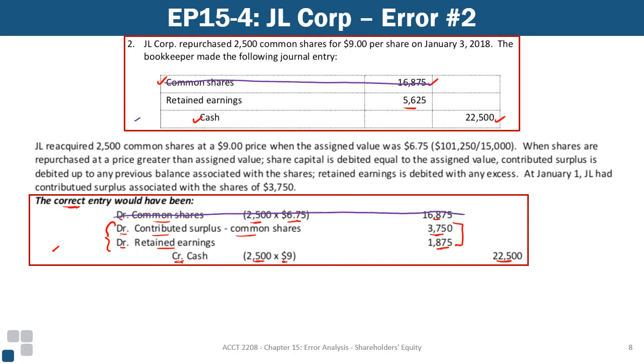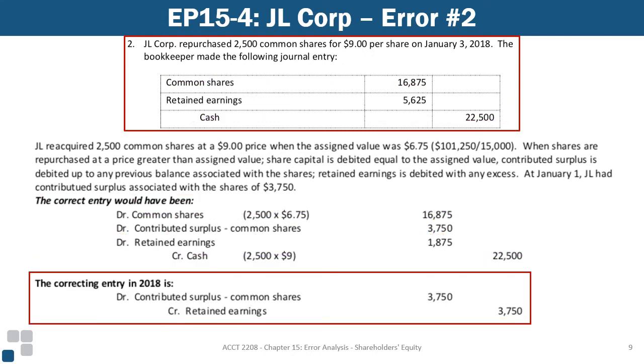Cash received a credit of $22.5. Cash should have received a credit for $22.5. So the only items we need to adjust basically are contributed surplus and retained earnings. Contributed surplus for the full $37.50 and retained earnings for the full $37.50 to make up the difference.